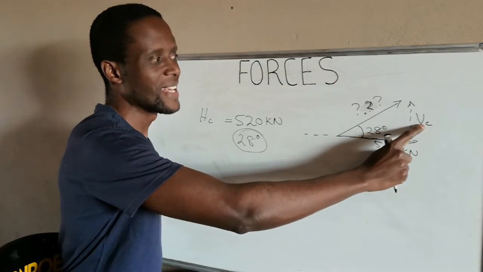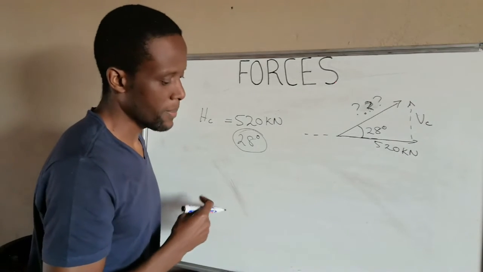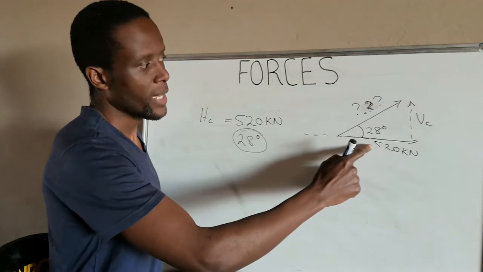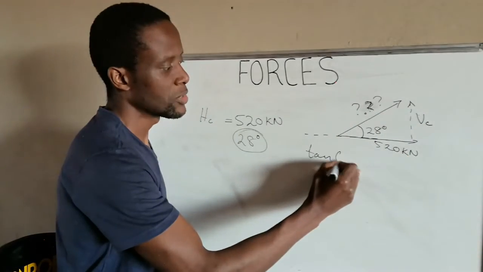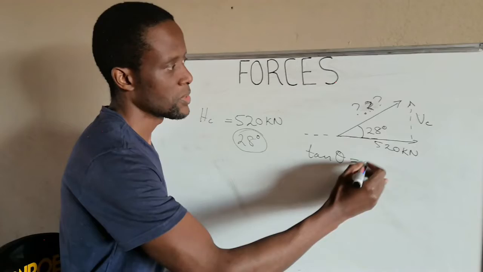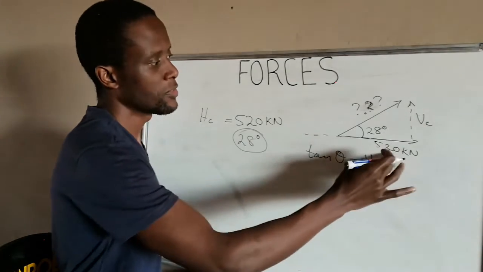What we are looking for is the vertical component. We have the adjacent and we are looking for the opposite, so we apply the tan ratio. Tan theta is equal to the vertical component over the horizontal component, opposite over adjacent.